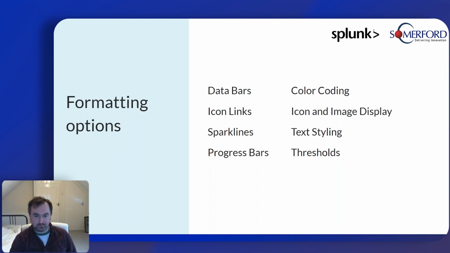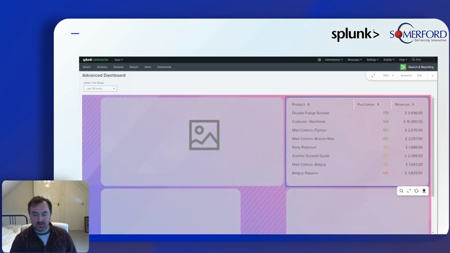For this case, here's the same table after using some formatting options. I've used color for the purchases to illustrate whether those are good numbers or bad numbers, and added a couple of pound signs just to show that that's money.